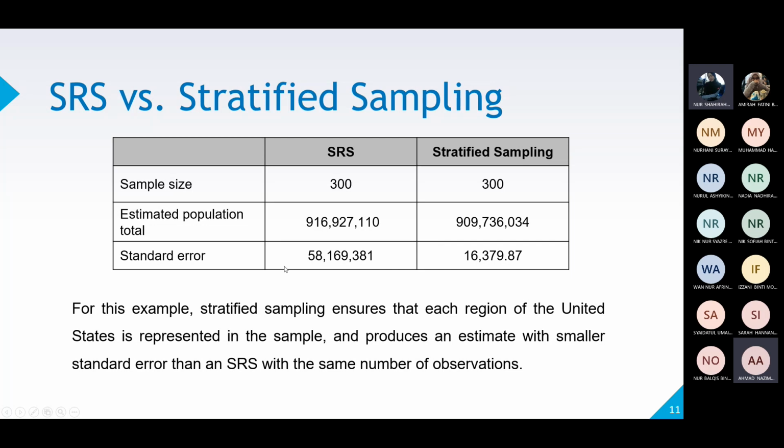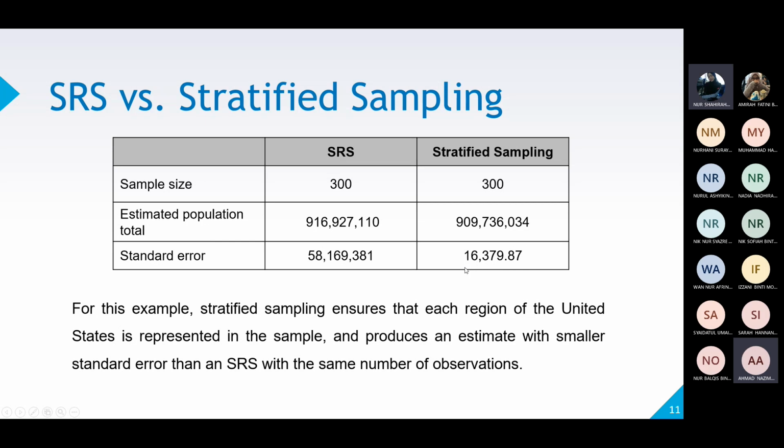And for the standard error, by using the simple random sampling, it is around 58,000. Sorry, I need to check this. Give me a second. I think this one is 58 million, as compared to stratified sampling, 16,000 only.